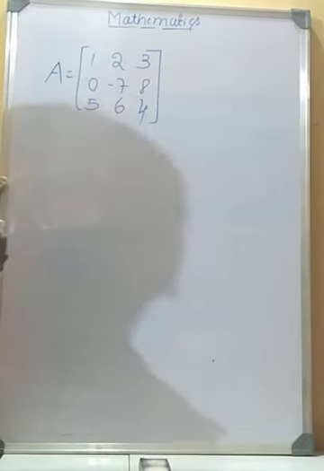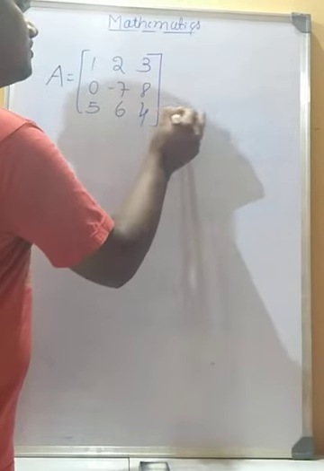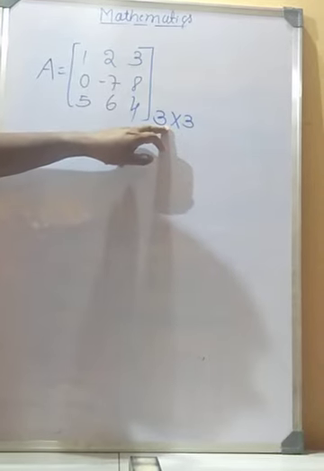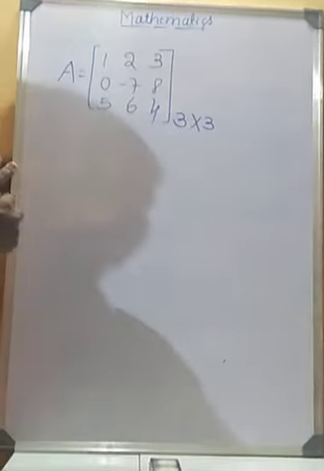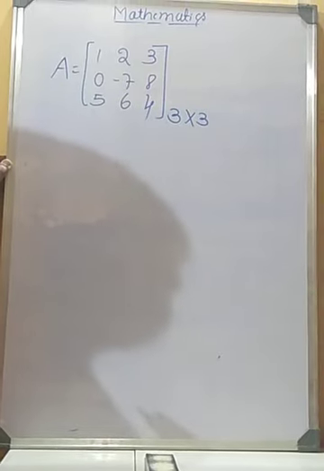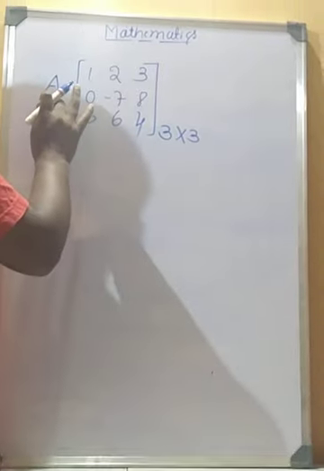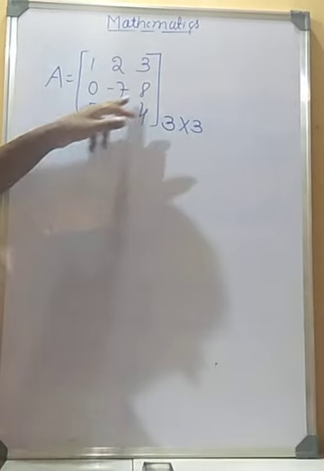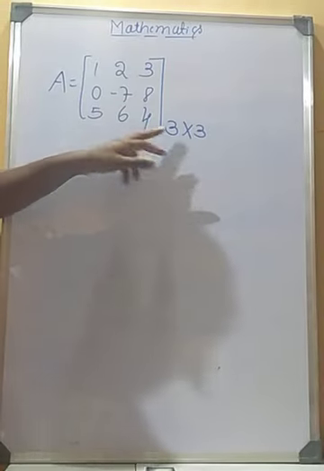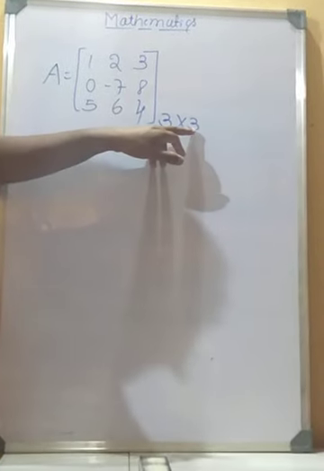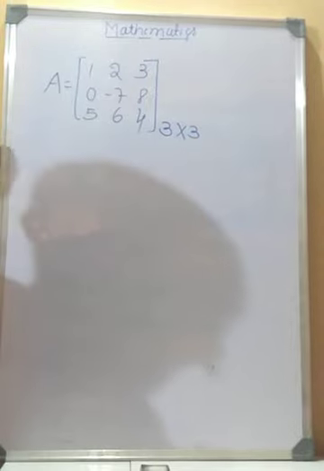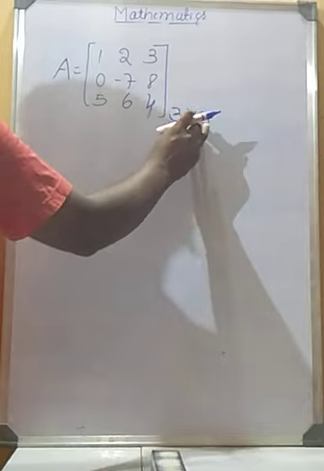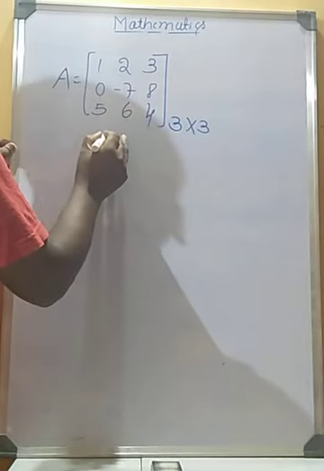What is the order of this matrix? The order is 3 cross 3, written at the right side bottom of the matrix. In general, the order of this matrix is 3 cross 3. A matrix of order 3 cross 3 has 3 into 3, that is 9 elements.